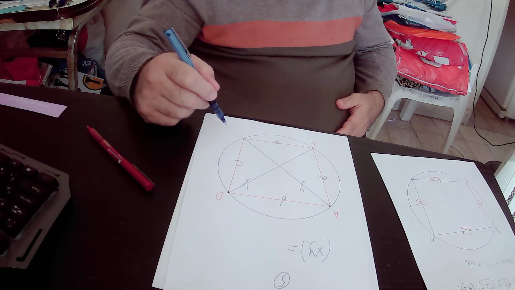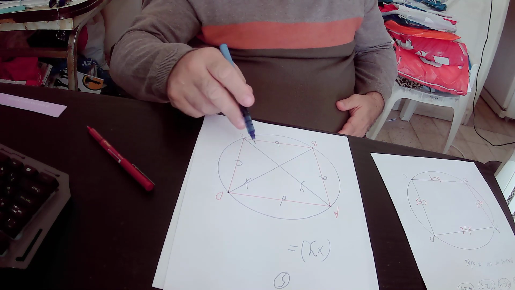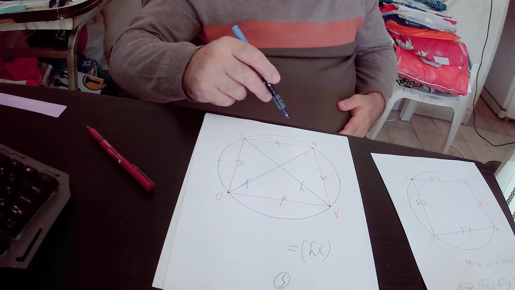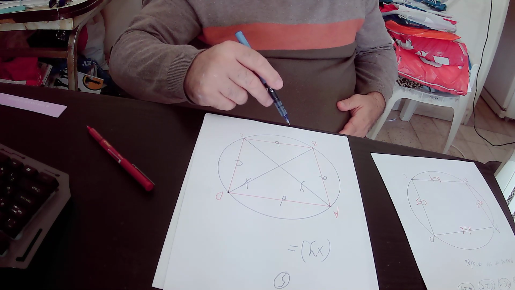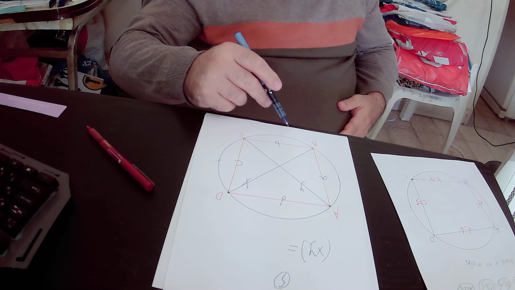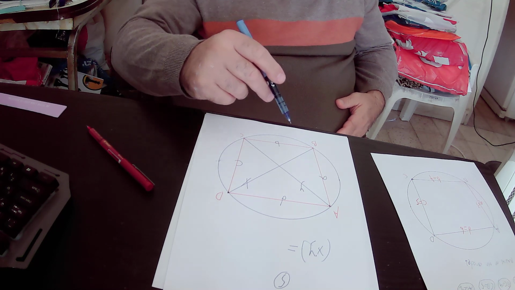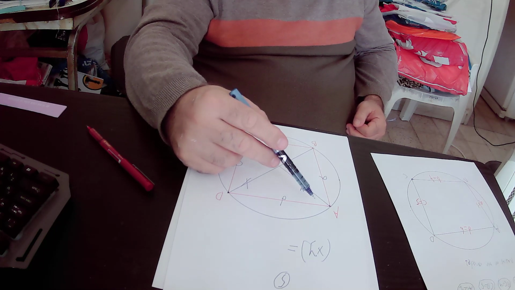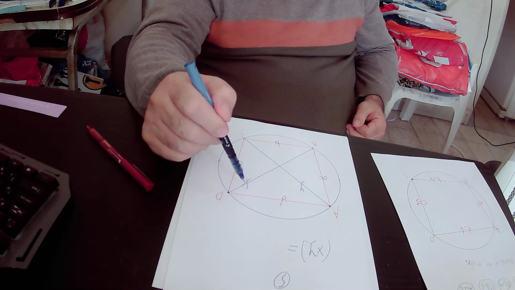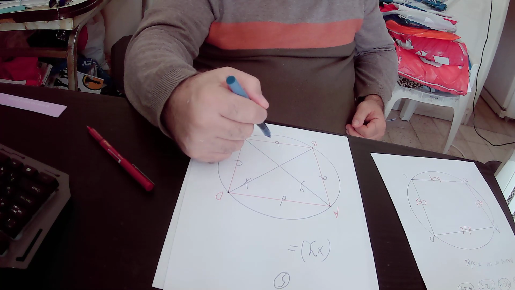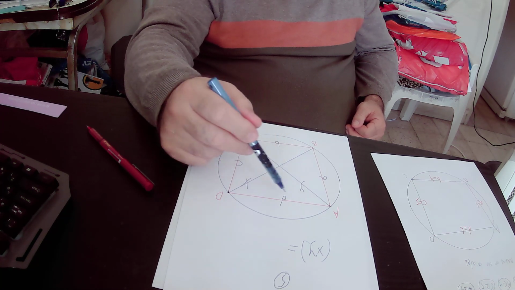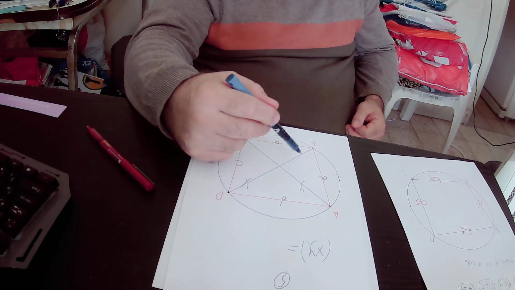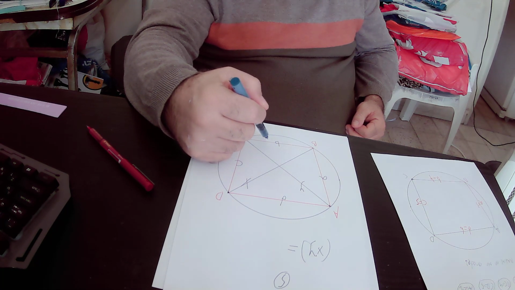Quadrilateral ABCD has two pairs of opposite sides. The first pair is side AD opposite to side BC, and AD equals D units in its size, and BC equals B units in its size.